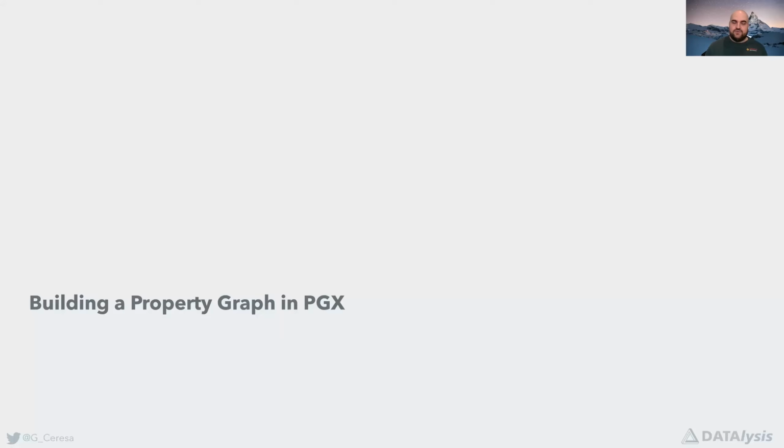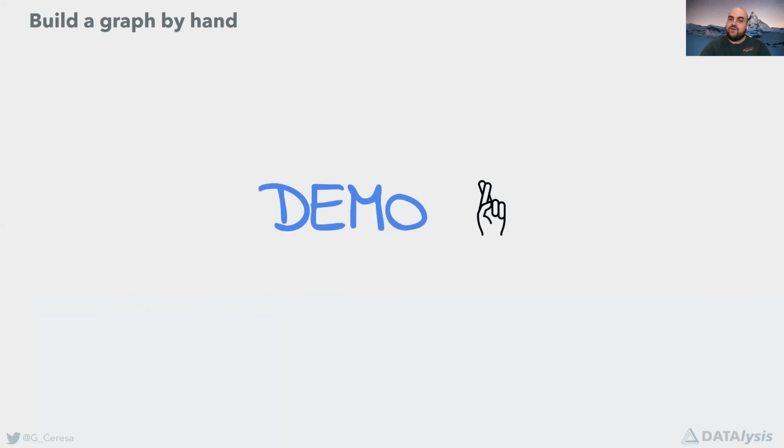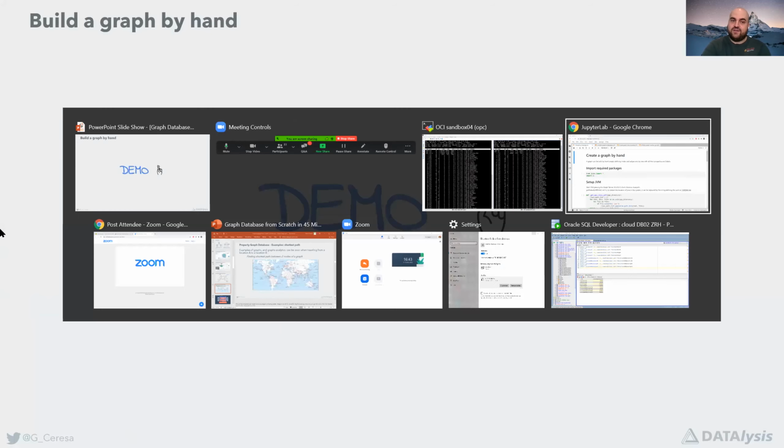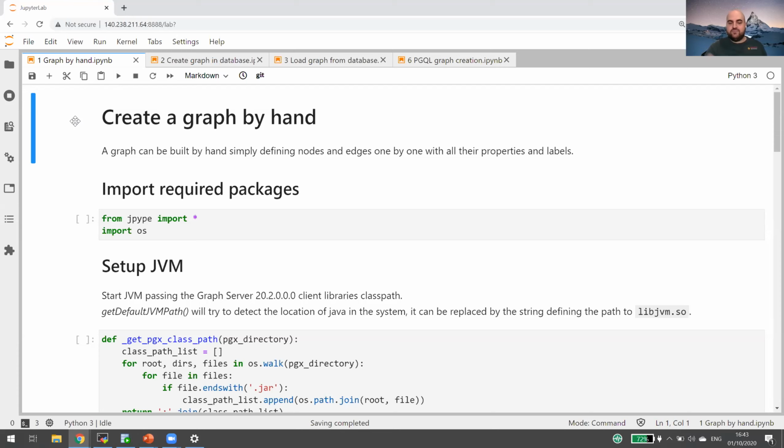Let's go straight to building a first property graph. And here we will see if my environment will crash or not. So I'm just using a notebook because it's easier to run code and keep it documented. You don't need a notebook to do graphs. I just use it because I prefer it that way. So I use Jupyter.